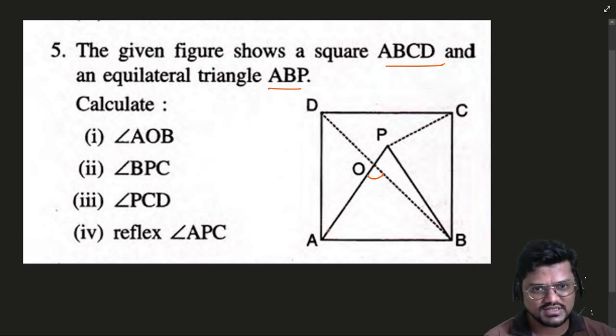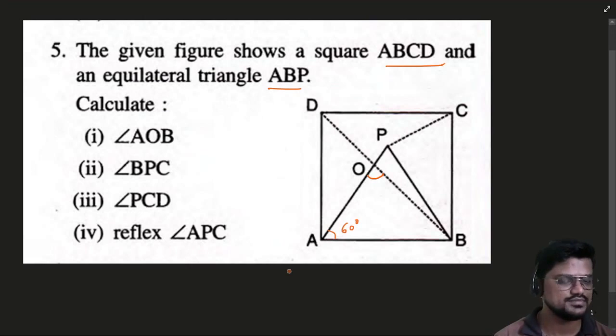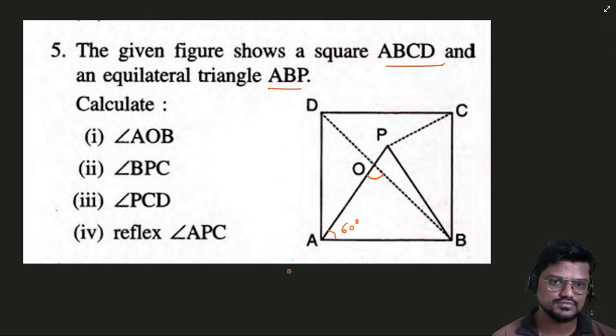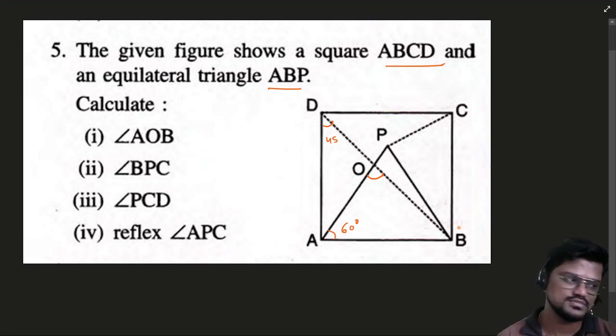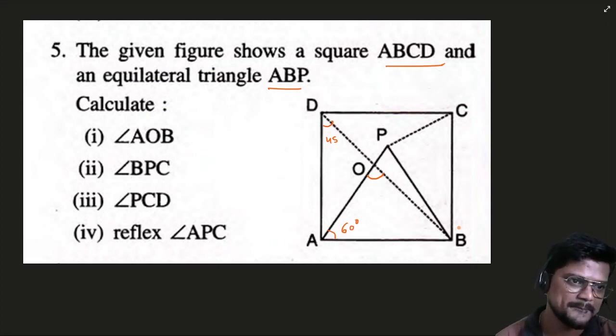Then in triangle ADB, angle ADB will be 45 because DB is a diagonal. Then angle AOB will be 180 minus 60 minus 45.